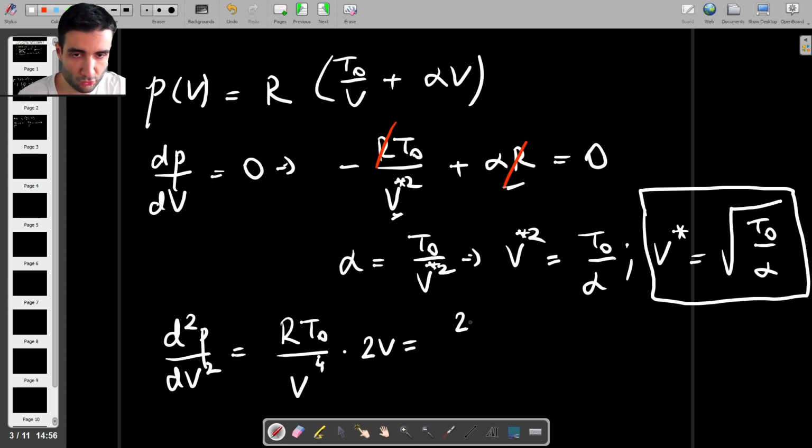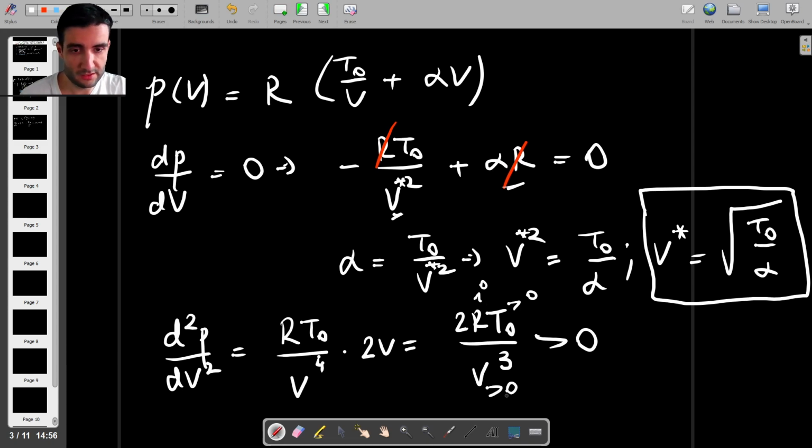So this is 2RT0 over V cubed, which is always positive because R is positive, T0 is positive and V is positive. If the second derivative is always positive, the function is convex. So P is a convex function, and if it's convex, it can only have a minimum. So this corresponds to the minimum.